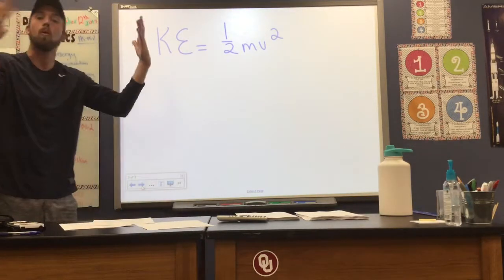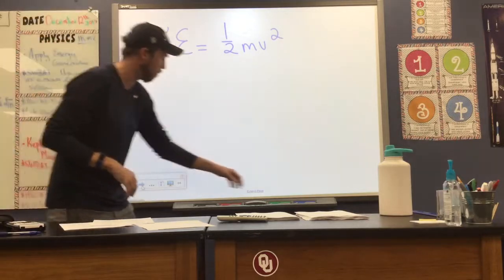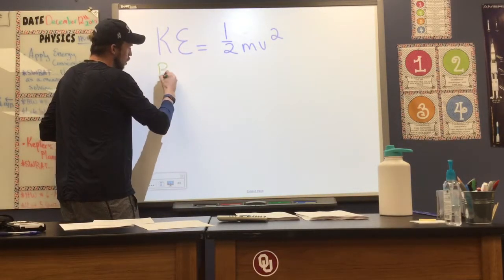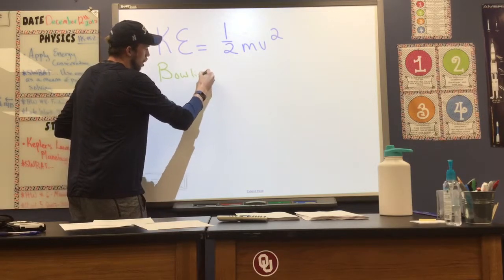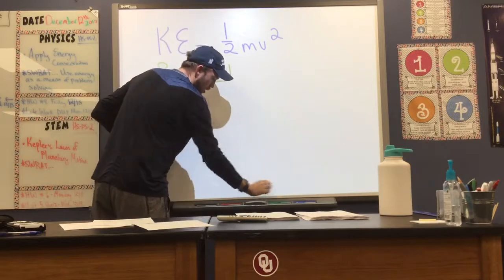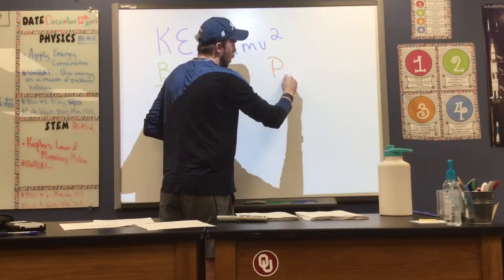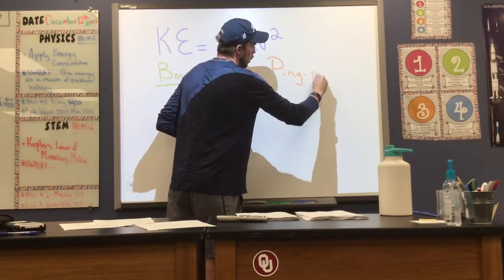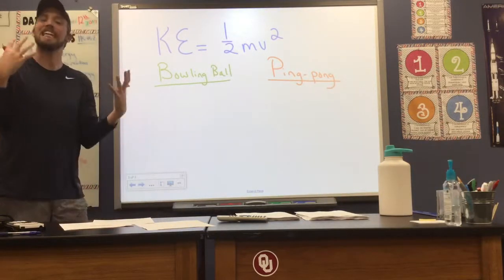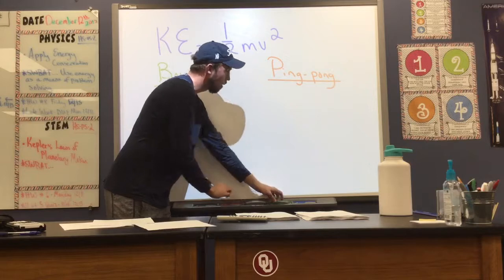So here's what we're going to do. We're going to set our two equations for kinetic energy equal. So we have the bowling ball and we have the ping pong ball. And we're told we want those kinetic energy values to be equal.